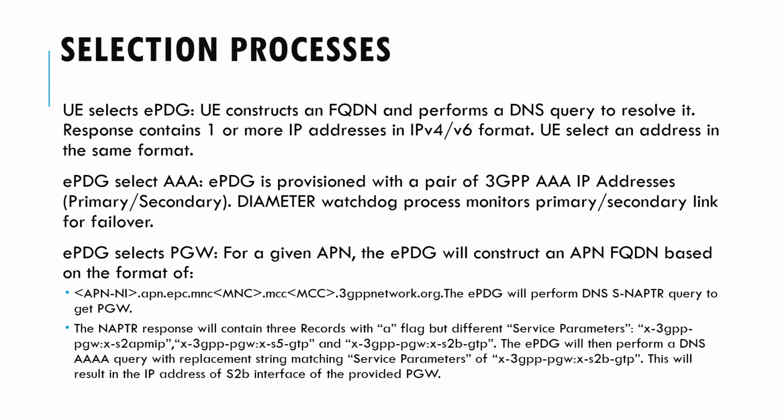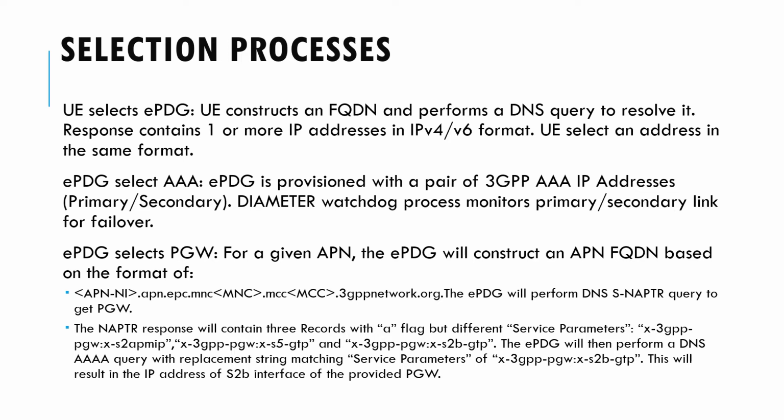There is one entity called the APN, access point name. On the basis of that APN, an FQDN is constructed. The format of that FQDN is APN, network identifier, dot apn.epc.mnc.mcc.3gpp.network.org. So this is the format.